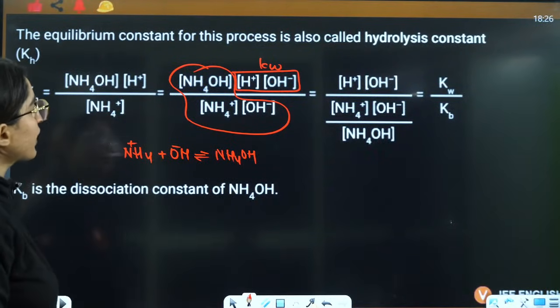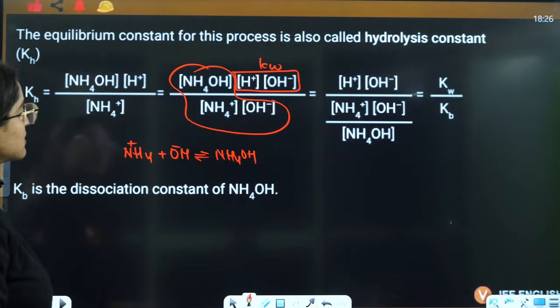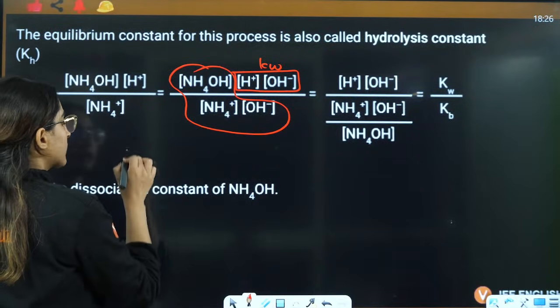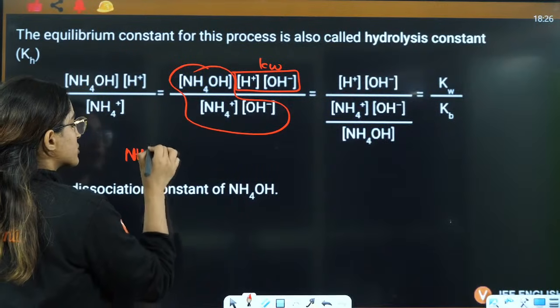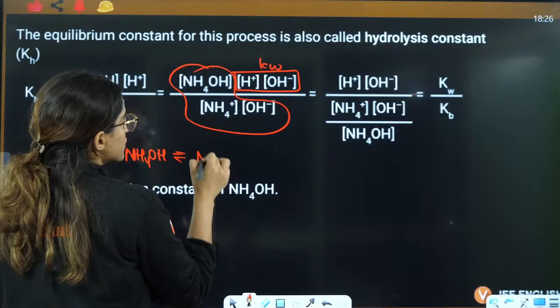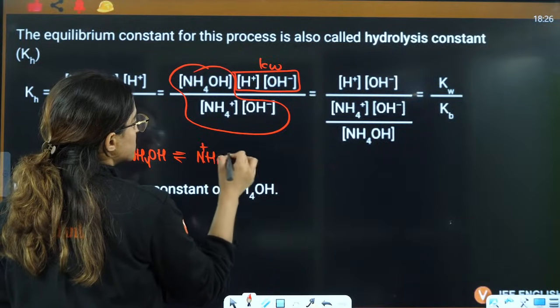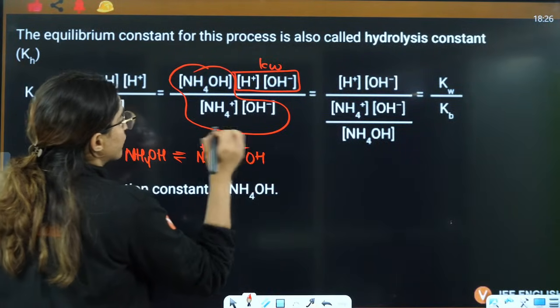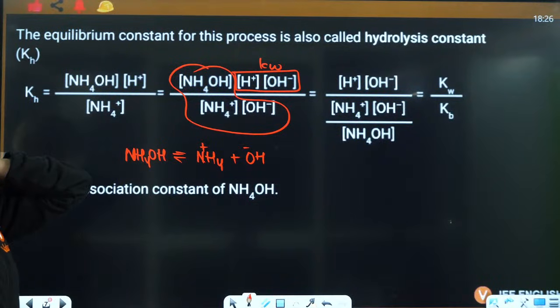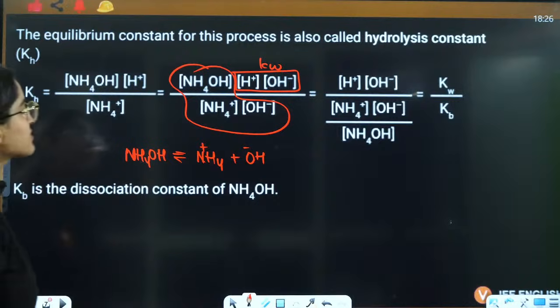Or you can write the opposite, NH4OH is a base, and when it dissociates into NH4 positive and OH negative, that is called Kb.